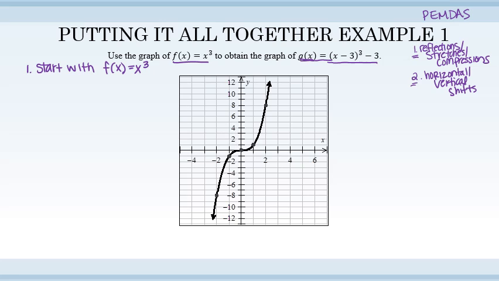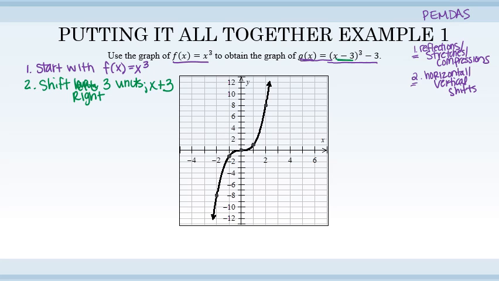Now, the first thing I see is this x minus 3, and that's dealing with the x values. So that's going to take the graph and shift it left 3 units. What that's going to do to my coordinate points is it's going to add 3 to my coordinate points. Excuse me, not shift it left, it'll shift it right 3 units.